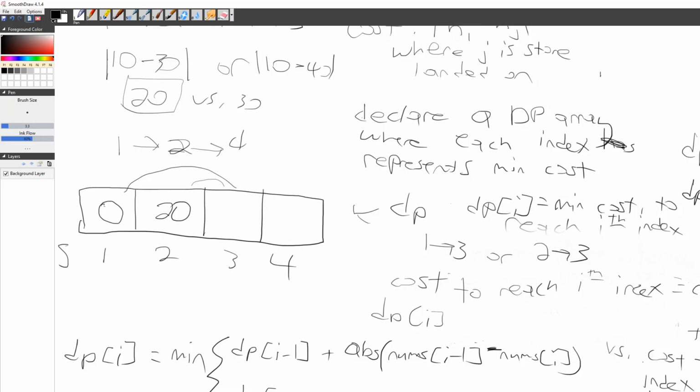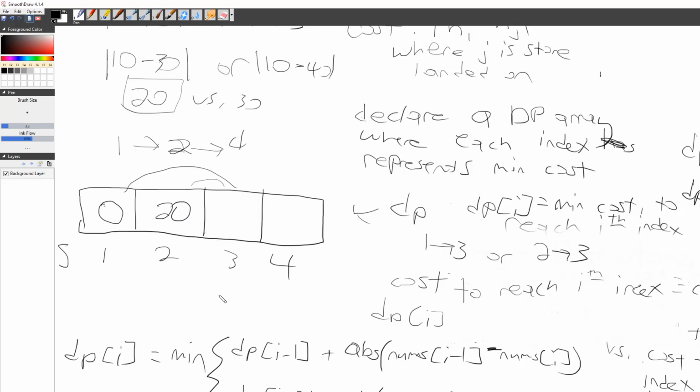And dp of I minus 2 plus abs of nums sub I minus 2 minus nums sub I. And if we fill out this array here using this recurrence, let's see what we get.